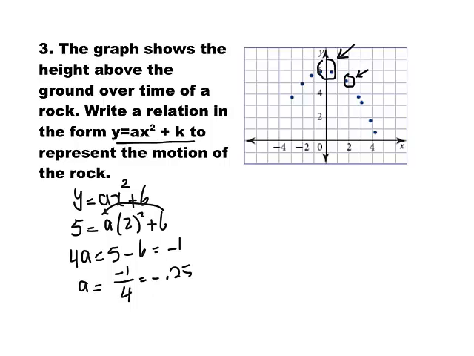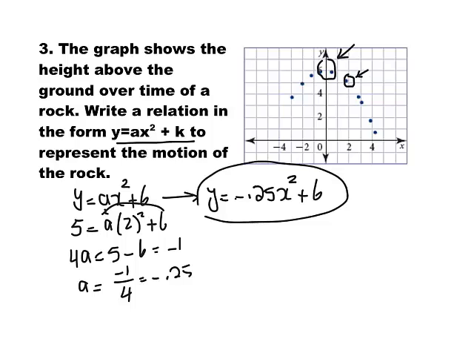So from here, I get that the equation becomes y equals negative 0.25 x squared plus 6. So this is my approximate equation here. Now you can go ahead and check to see if this equation that you found is correct.